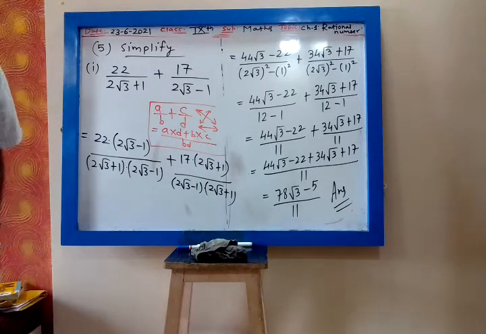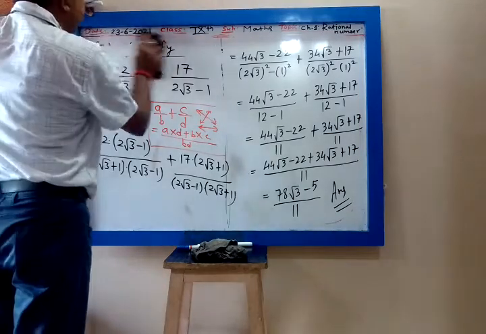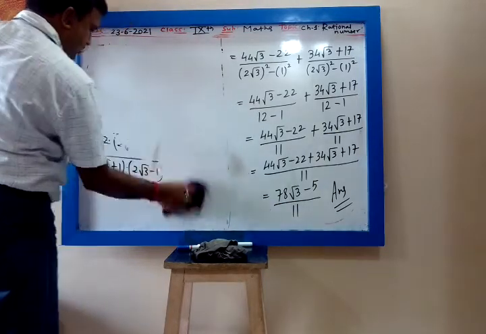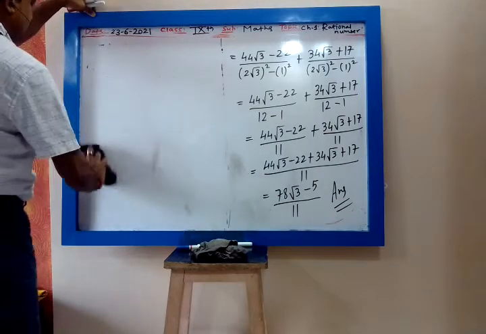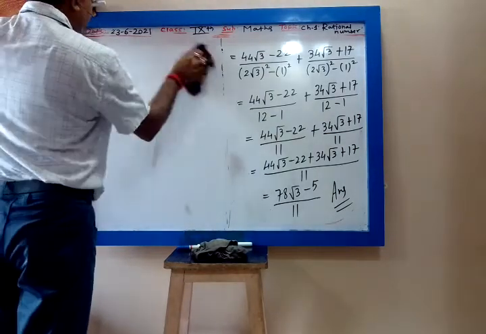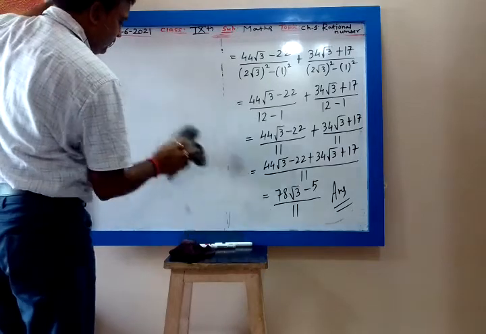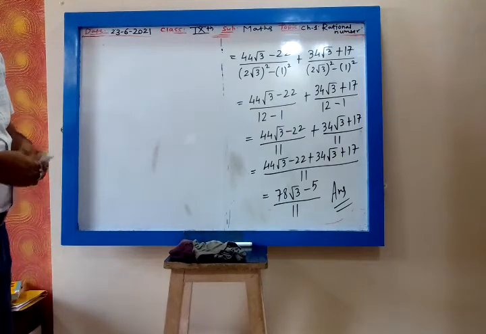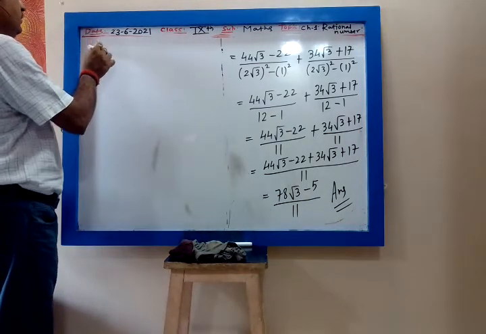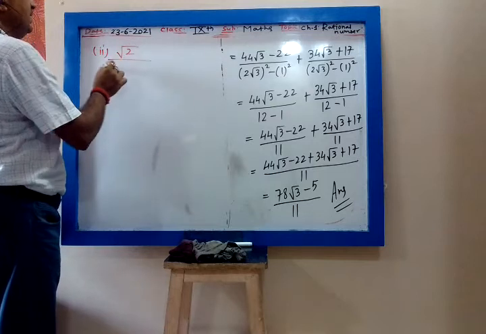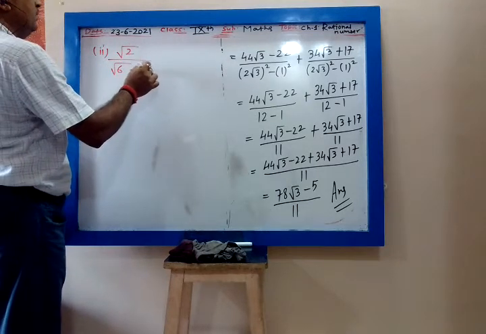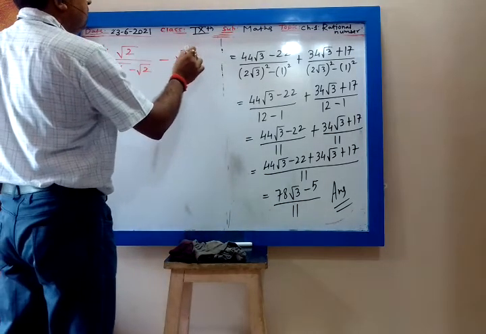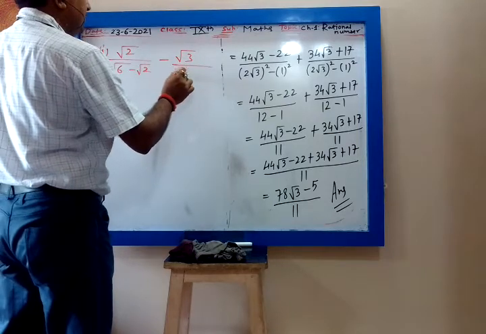Now next. Second will be root 2 upon root 6 minus root 2, minus root 3 upon root 6 plus root 2.